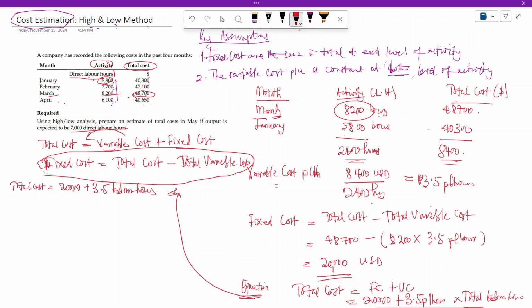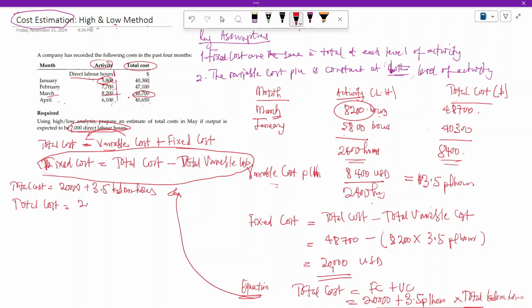Now, the labor hours given in the question is 7,000, right?